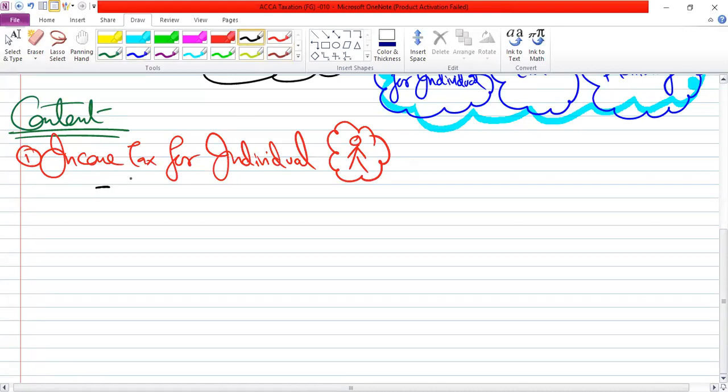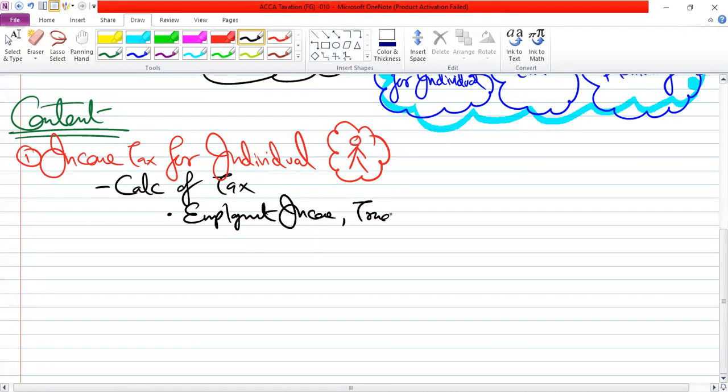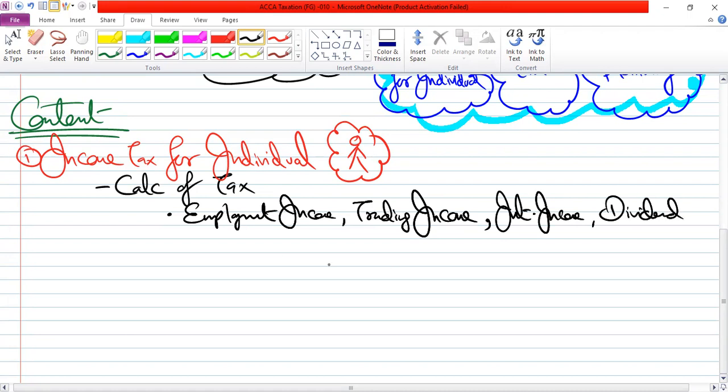So in income tax, we will learn the calculation of tax on a number of incomes. The first income, as I said, employment income. Then we can say trading income, yani sole tradership, sole trader. Then the haram income, which I said, interest income. Then dividend received.